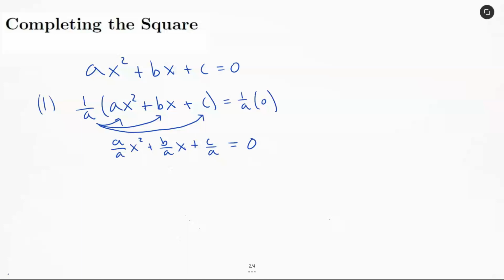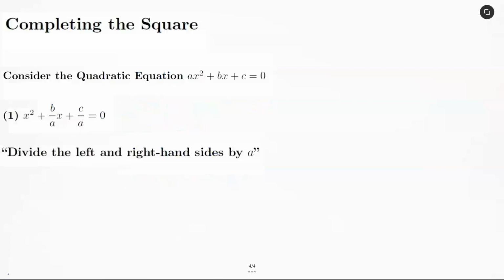And this will give us x squared plus b over a x plus c over a is equal to 0. And your mantra for this step will be divide the left and right sides by a. This is the first step, nice and neat. Step 1, divide the left and right side by a.